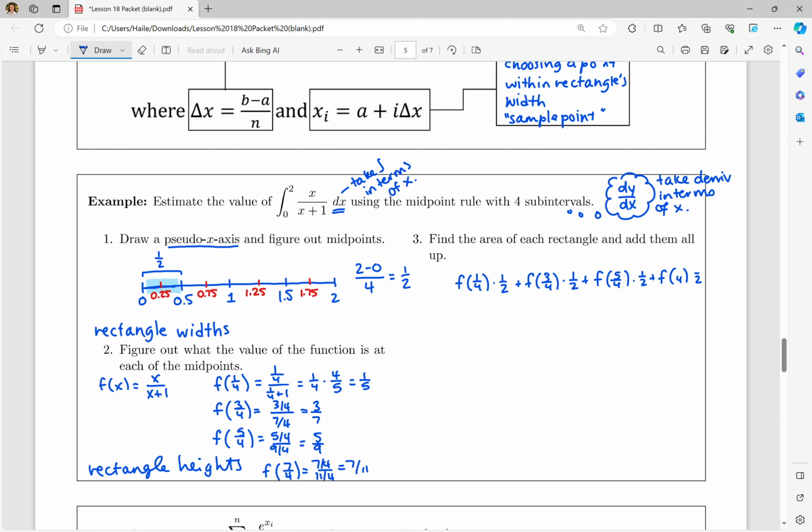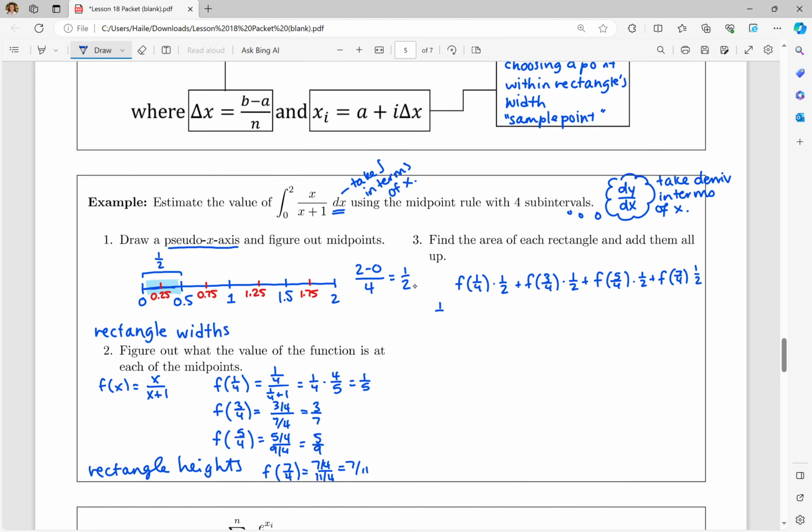Notice, because all of my rectangle widths are the same, I can factor out the 1/2 and then add up all of my function values. So I could rewrite this as 1/2 times, f of 1/4 was 1/5, f of 3/4 was 3/7, f of 5/4 was 5/9, and finally we had 7 over 11.